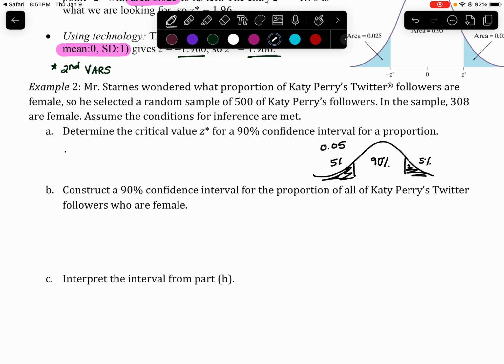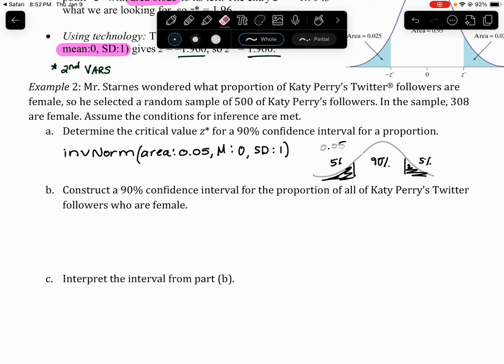So we're going to do our INV norm, so the inverse normal curve. When it asks for the area, it's 0.05. Then it asks for the mean, which is 0, and our standard deviation is 1.